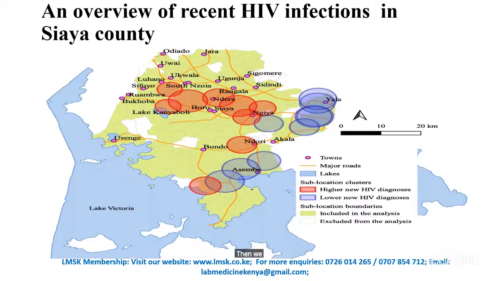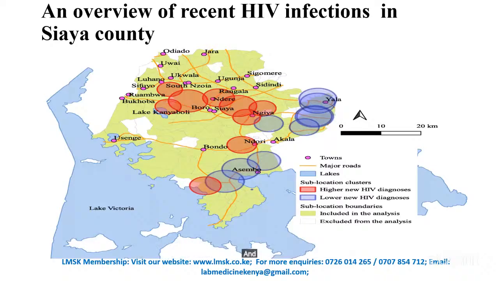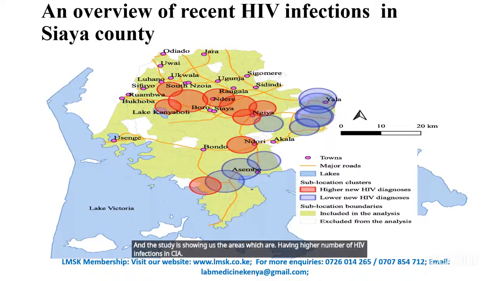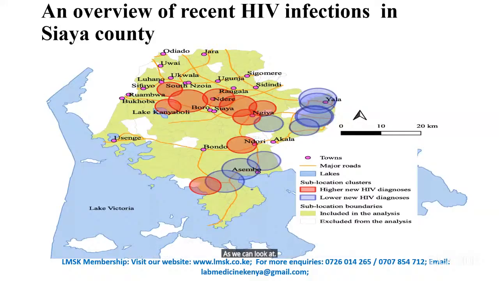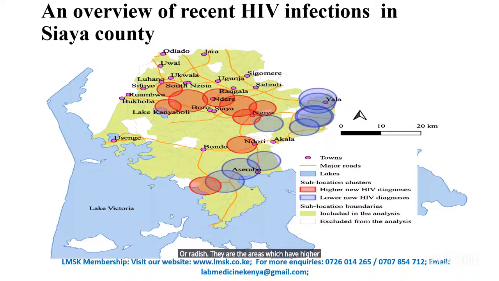Then we have an overview of recent HIV infection. This is a study which was pulled out from Siaya County. And the study is showing us the areas which have a higher number of HIV infections in Siaya. As we can look at that diagram, we can see that the areas which are marked maroon or reddish are the areas which have higher new HIV diagnosis.